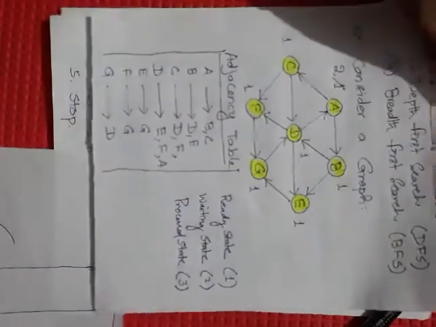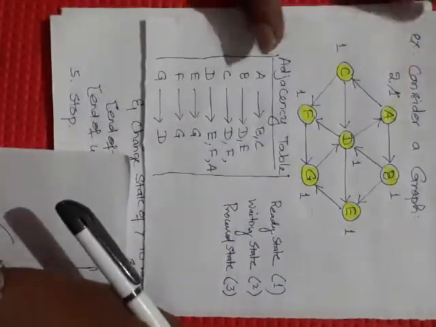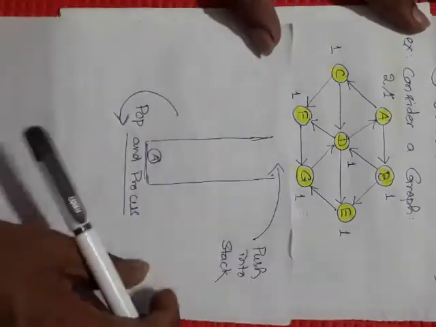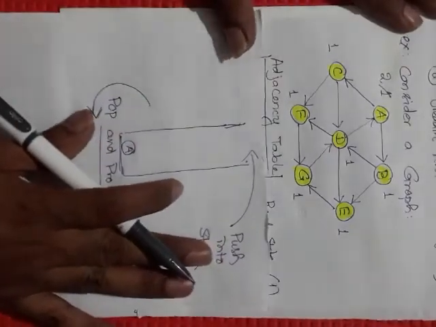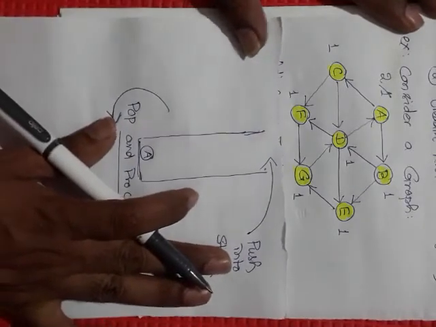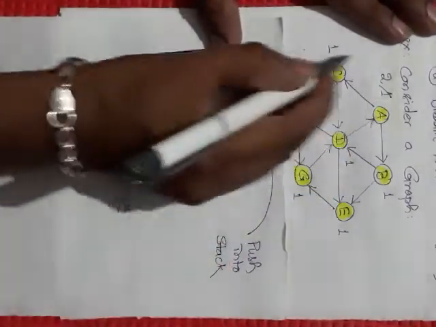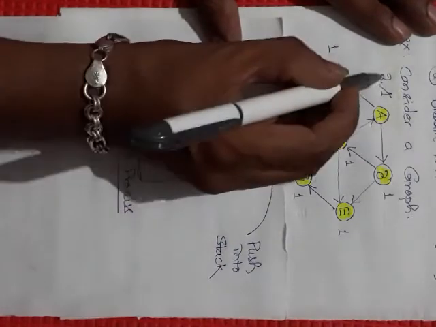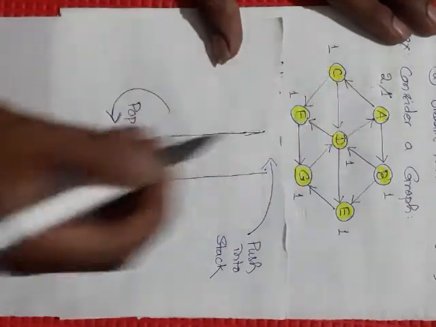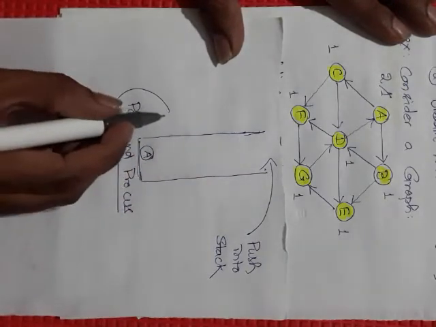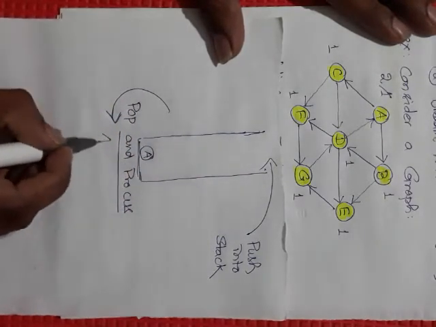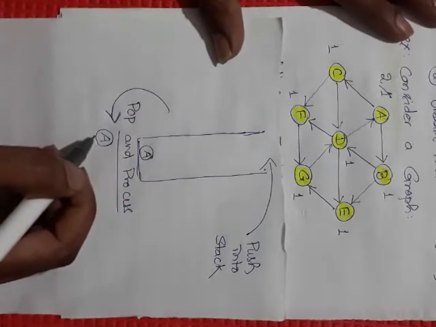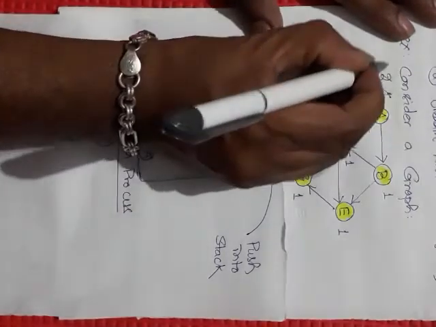Let us see the graph. We have pushed the node A and changed the status to waiting state. Then while the stack is not empty, pop node A and process it. Once you are processing, change its status to 3.